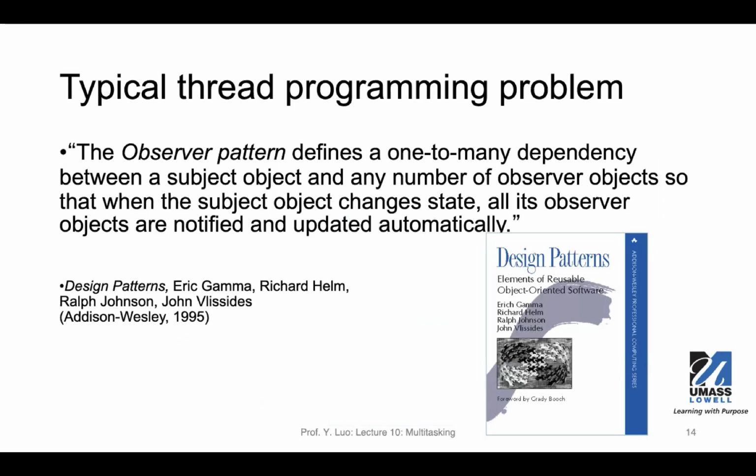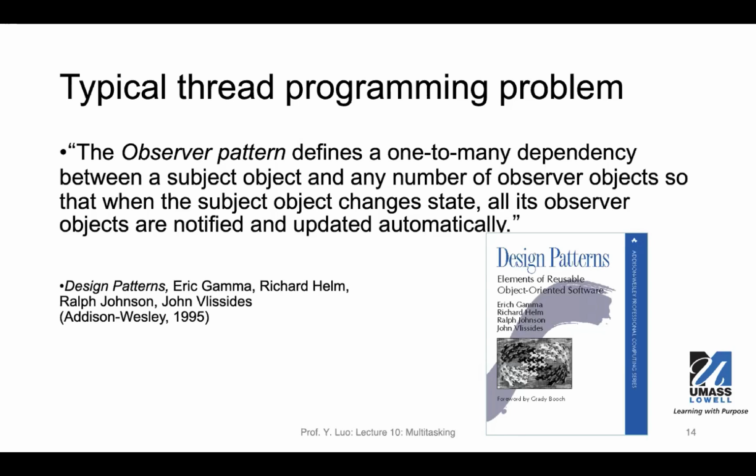The observer pattern defines a one-to-many dependency between a subject and any number of observer objects, so that when the subject object changes states, all its observer objects are notified and updated automatically.